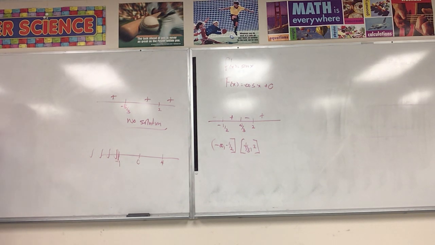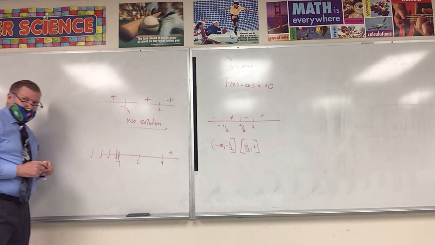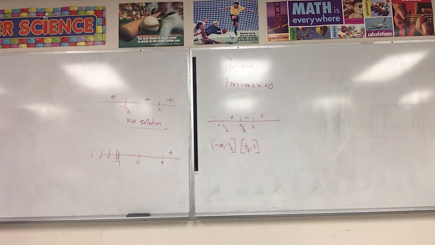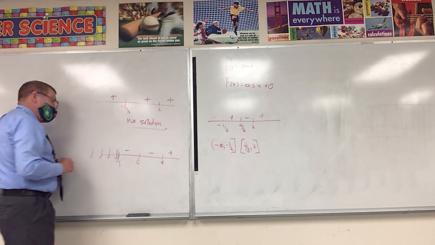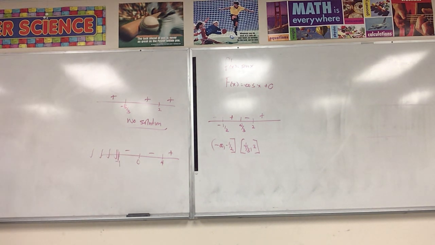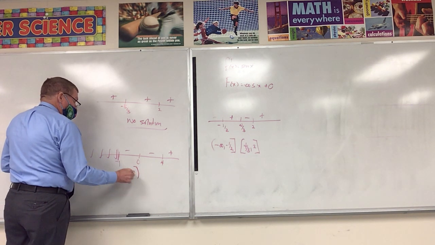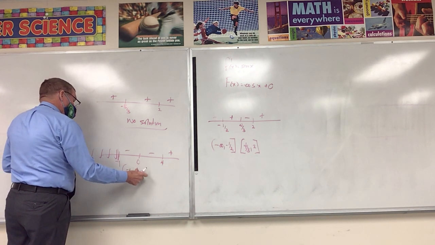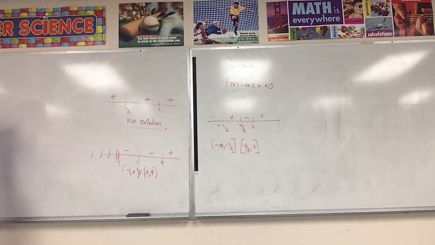If I pick a number bigger than 4, where am I at? Positive, right? What happens at 4? Cross. What happens at 0? Touch. They're asking me to find where x makes the expression less than 0. Negative 1 to 0, and 0 to 4. Everybody agree?